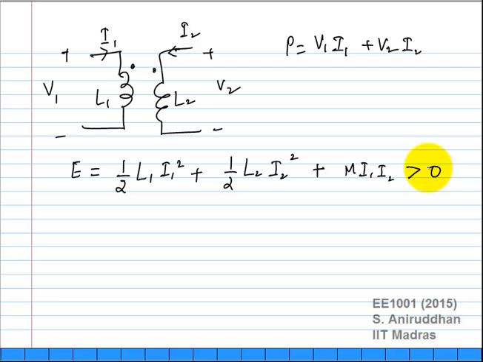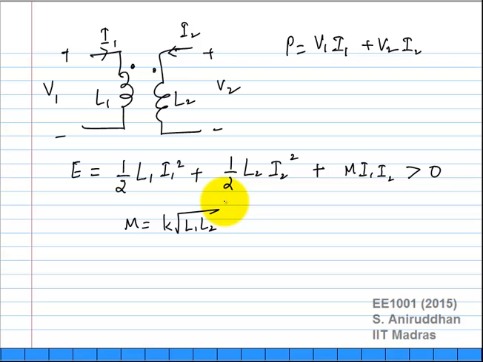Now if you use this inequality to figure out what M is, or rather you define M as some K root L1 L2, we have already seen this before. If you write down this equation, you will get a certain relationship for K. You will understand why the magnitude of K should be less than or equal to 1 from this.